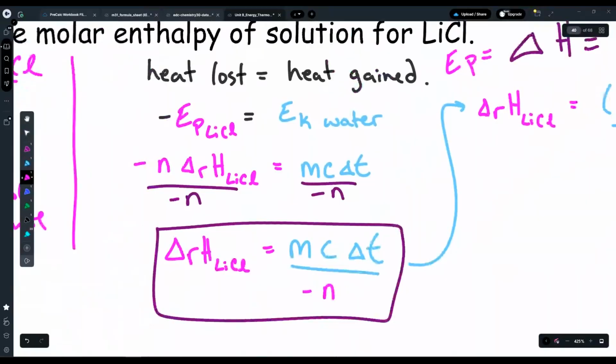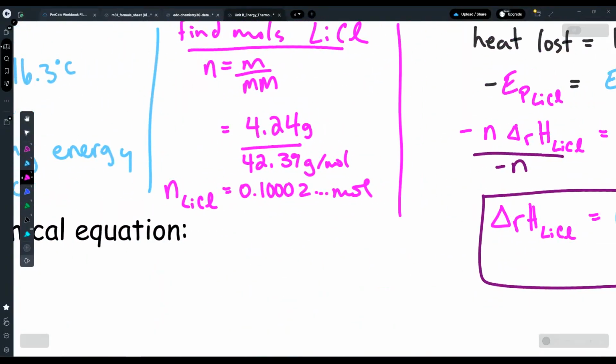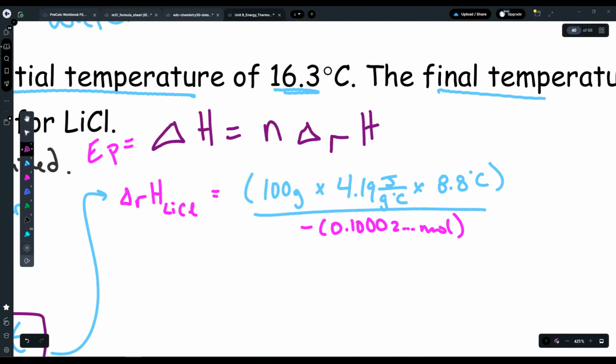And then our moles of lithium chloride was 0.1002, goes on forever. So grams and degrees Celsius cancel out.